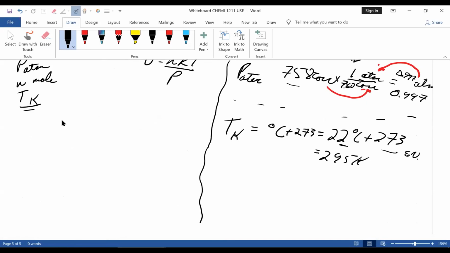So now I have to figure out n moles. And here, what do we have to start with? 2.50 grams carbon dioxide. What answer do I want to get to unit-wise?